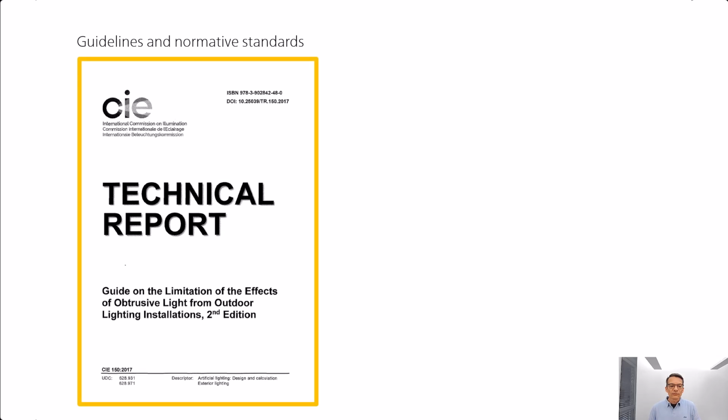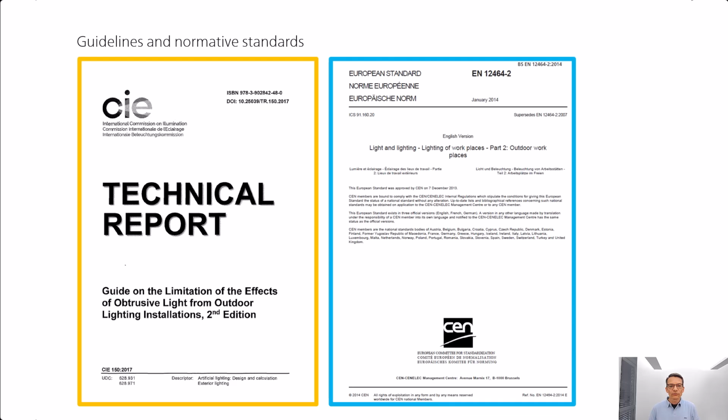There are basically two international documents that deal with the topic of obtrusive light: the guideline CIE 150, Guide on the limitation of the effects of obtrusive light from outdoor lighting installations, and, among other topics, the European norm EN 12464 Part 2, Lighting of workplaces, outdoor work.